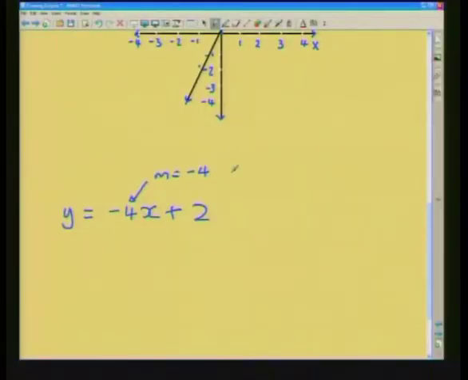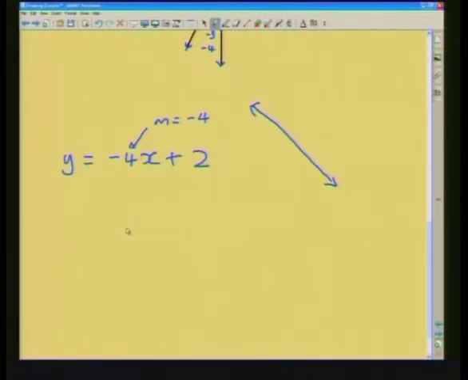So the 4 tells us how steep the graph is. The minus tells us that the graph will slope, remember? It will slope to the left, towards all the negative numbers. Okay, so the minus 4 tells us the direction of the graph and the steepness of the graph. The 2 is the c value, which is your y-intercept.